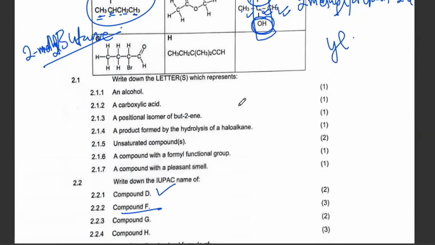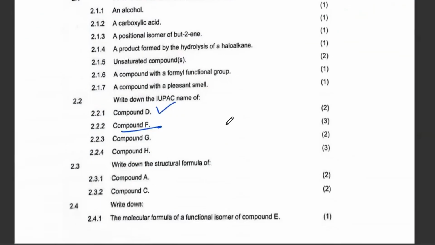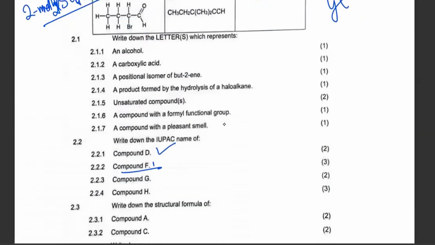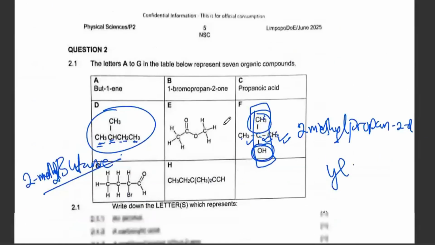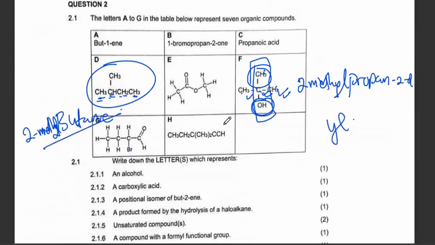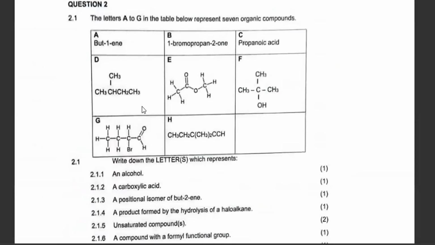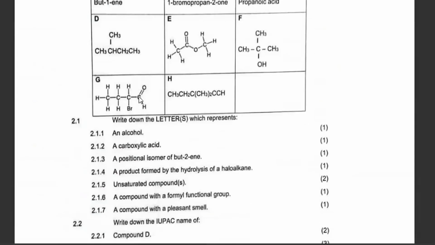We go to the next question. They're saying compound G. Did we finish compound G? No, we're done with compound F. So let's go to compound G. Where is G? It is here. Let me first clear it up. What is the name?